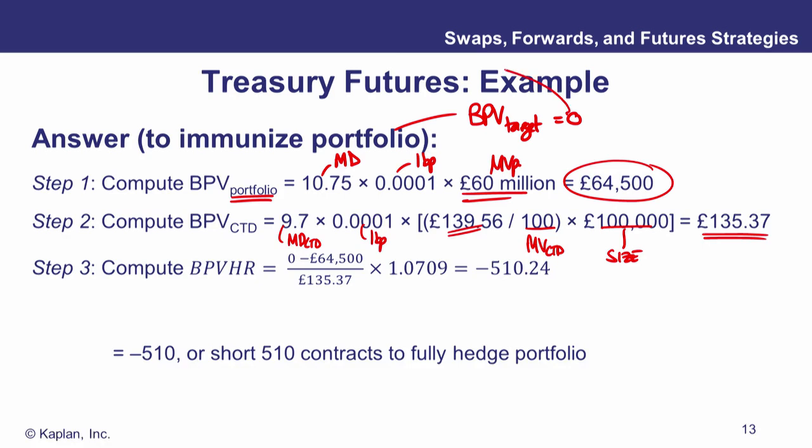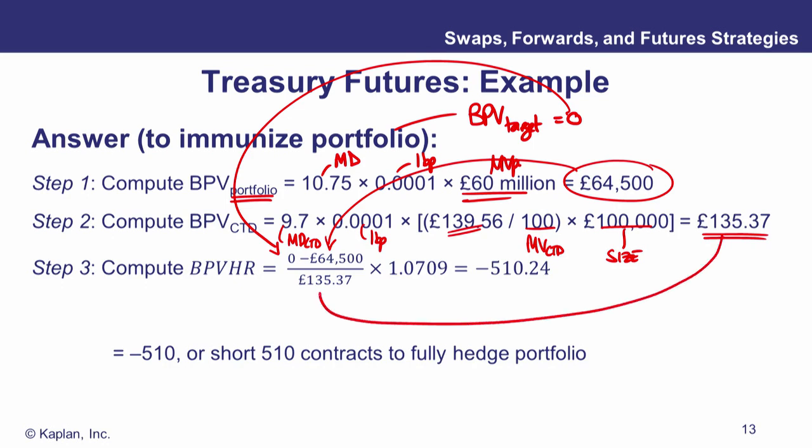But if you take the target of 0, you see how far away that is from the current BPV, you divide through by the BPV of the CTD, and then you scale up by the conversion factor. Don't forget that conversion factor needs to be bolted on the end there. Then you get a number of minus 510.24.